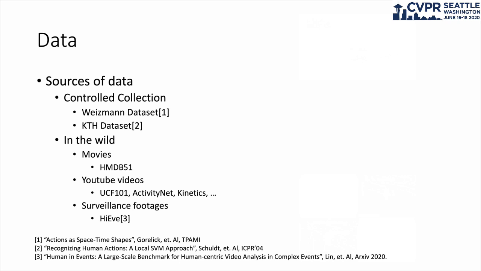In the wild datasets, on the other hand, are collected from videos that were not originally designed for action recognition uses, and are mostly annotated by human annotators for their action labels or some other meta-information. The sources of videos can be movies, YouTube videos, or surveillance footages.